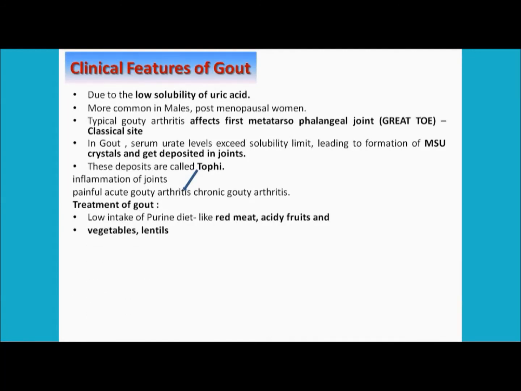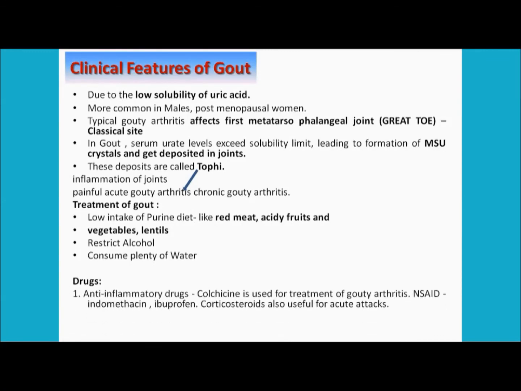Vegetables and lentils are completely kept out of the diet. Moreover, the person is restricted from alcohol because it will worsen the condition, and should consume plenty of water to enhance kidney function.